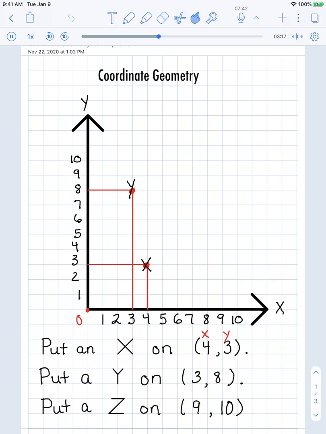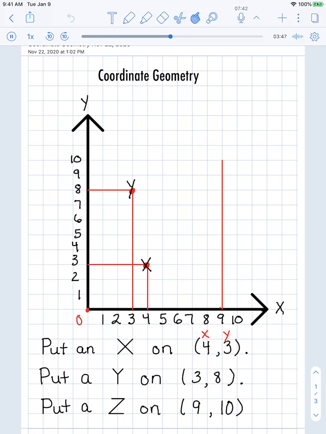So then my last one says to put a Z on the coordinates 9, 10. I'm going over on the X to 9, and then I'm going to go up 10. And let me change that color so you can see it better. So I'm going to start here on 9, and I'm going to go up, up, up. This time I get to go pretty far up to right there.